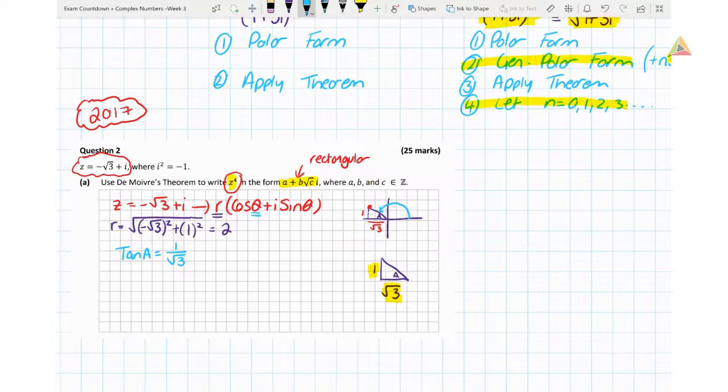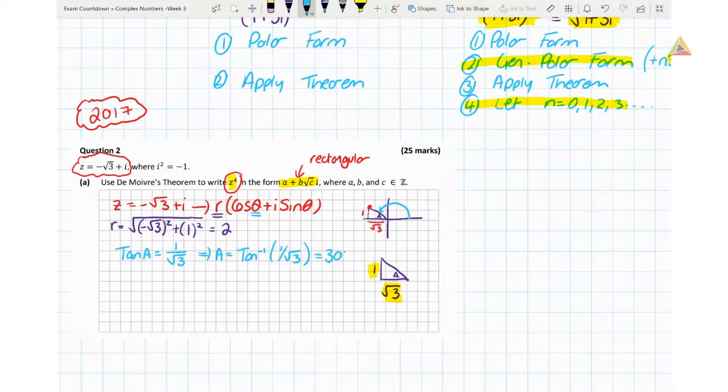Again, there's no need for me to put in that minus root 3 because it's just the distance I'm looking for. So tan A is 1 over root 3. And from that, we can find A by finding the tan inverse of 1 over root 3. Throwing that into your calculator, my calculator is in degrees, so I leave it in degrees. That should give you an angle of 30 degrees. The question doesn't specify whether the angle needs to be in degrees or radians, so it's completely up to you.